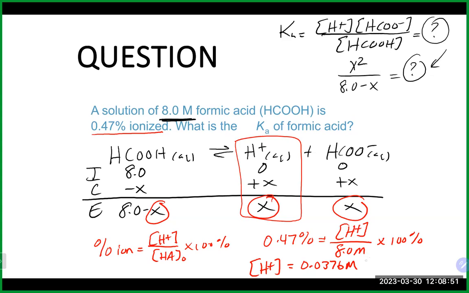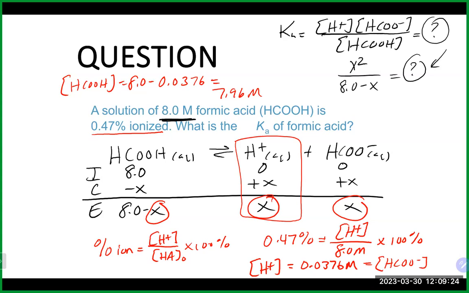We know that's the H plus concentration. That would also be the concentration of our formate, and our formic acid concentration, as we can see from our ice table, is 8 minus 0.0376, which gets us something like 7.96 molar.